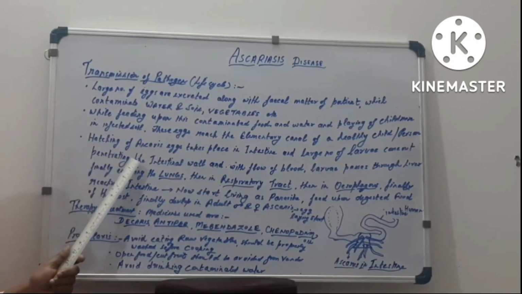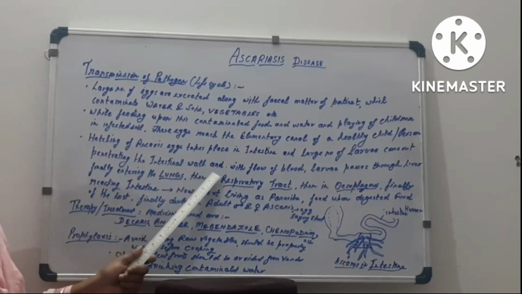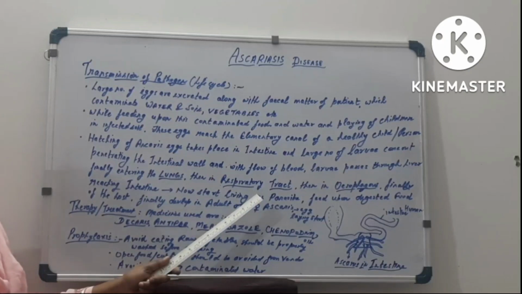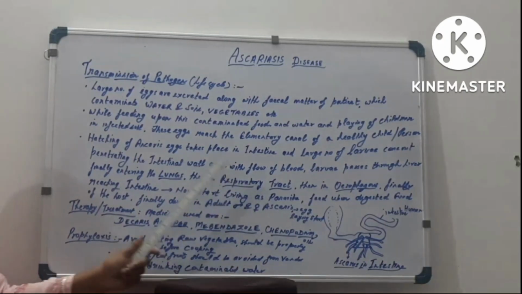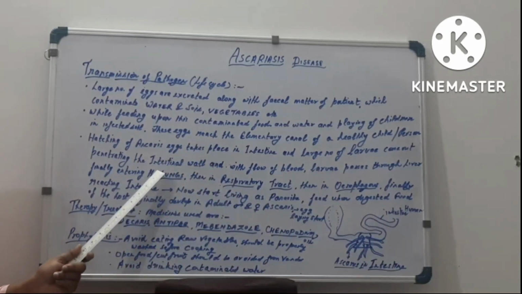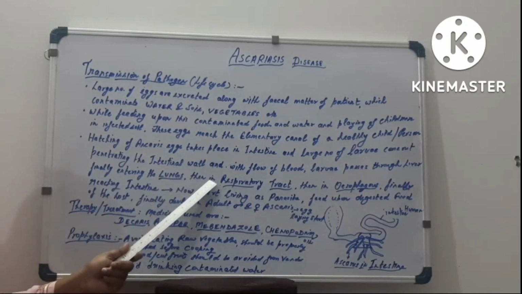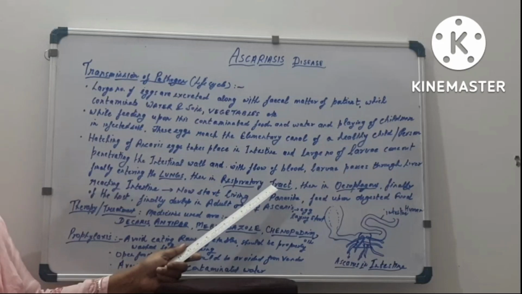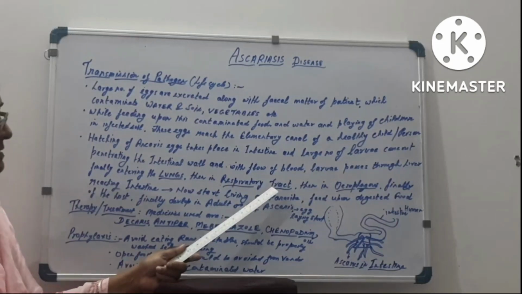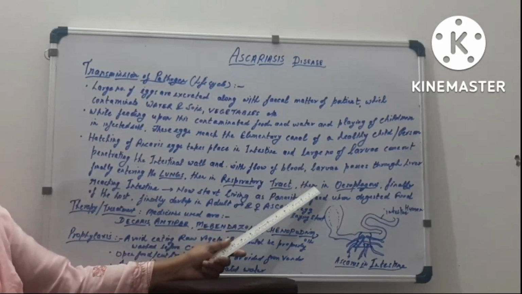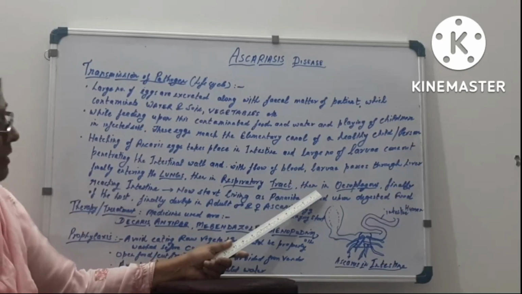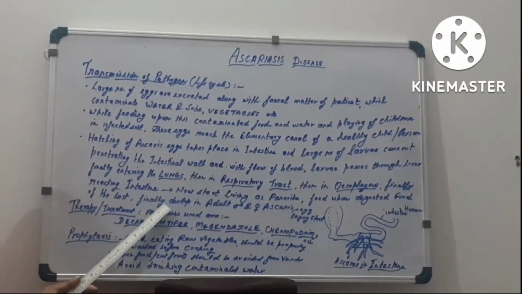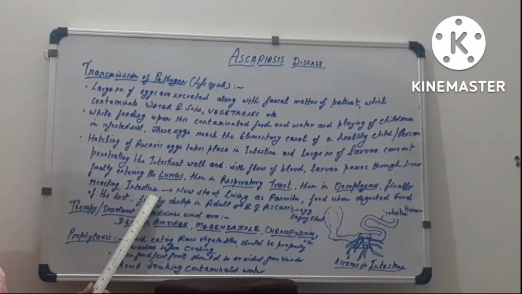They start penetrating the intestinal wall, and with the flow of blood they reach the liver and finally enter the lungs. From the lungs, they enter the respiratory tract of the infected person, especially the child, and then they come to the esophagus, and finally they reach the intestine again.